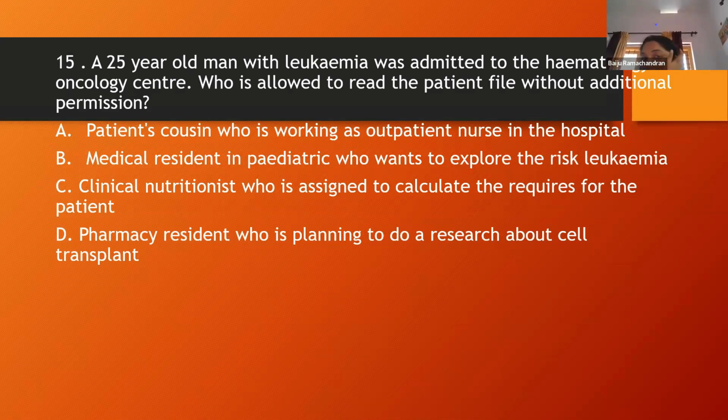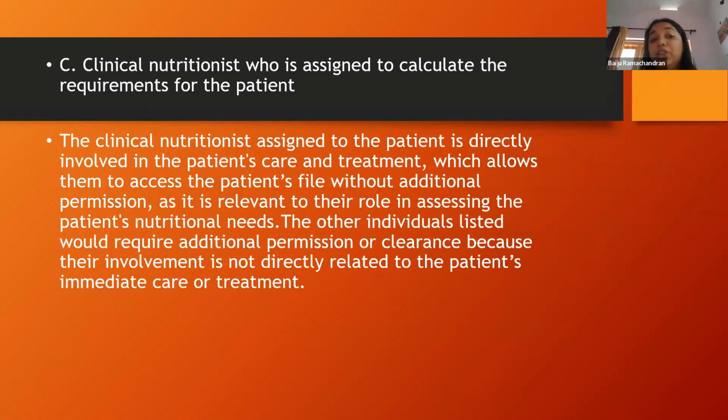The options are the patient's cousin who is working as an outpatient nurse in the hospital, a medical resident in pediatrics who wants to explore the risk of leukemia, a clinical nutritionist who is assigned to calculate the requirements for the patient, and a pharmacy resident who is planning to do research about cell transplant. So the answer is option C, the clinical nutritionist.